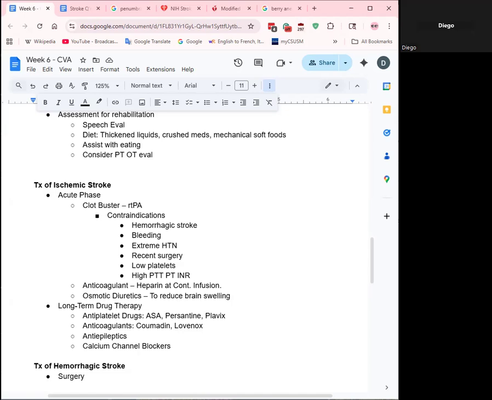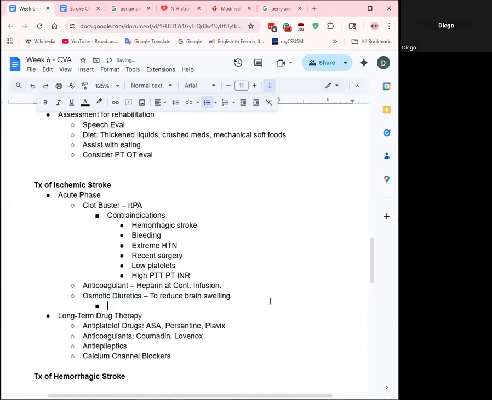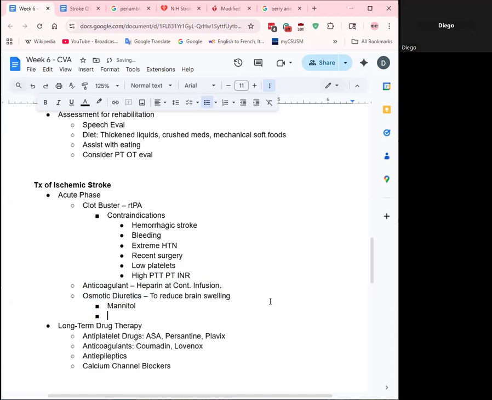So we talked about the heparin, that continuous infusion. If they have brain swelling, they can get osmotic diuretics to reduce the brain swelling. Examples of this include mannitol and 3% normal saline, also called hypertonic saline, HTS.